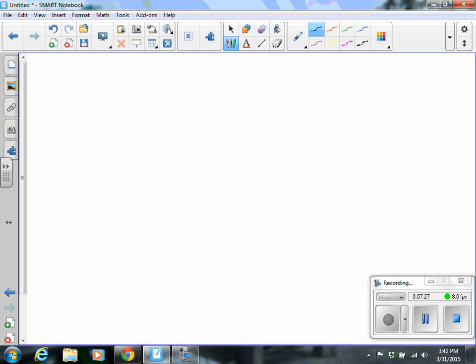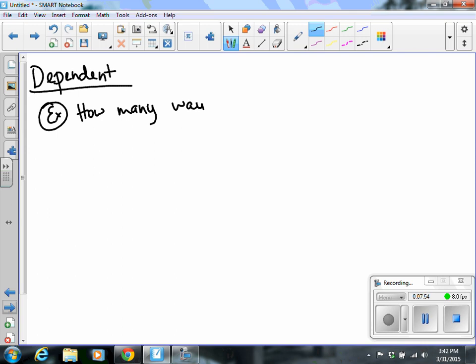So let's talk about dependent. This one changes a little bit. So for instance, how many ways can 5 books be placed on a shelf?